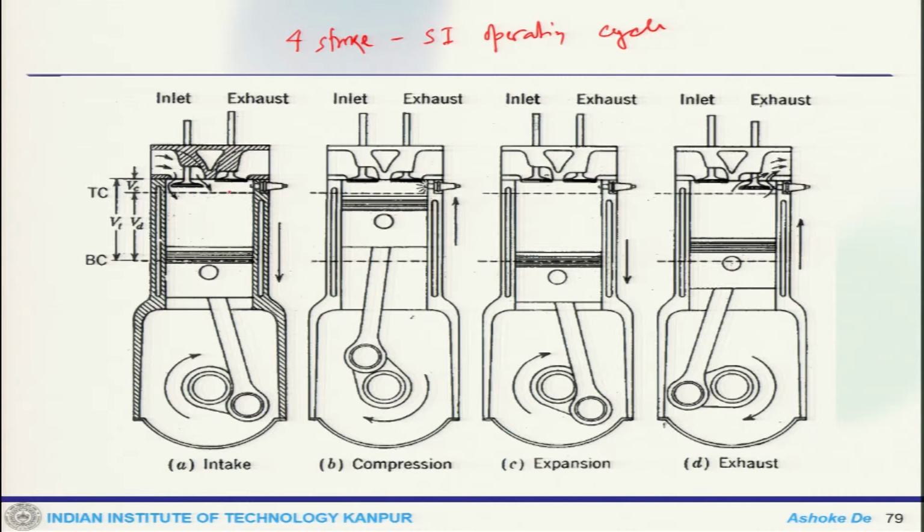So, air comes in, this valve opens, the volume increases here, basically a mixture comes in, then it is compressed, and towards the end of this compression you ignite that through the spark. Then when the combustion takes place, it allows this piston to move. So, the expansion takes place, and then finally exhaust stroke, these valves open and things go out.